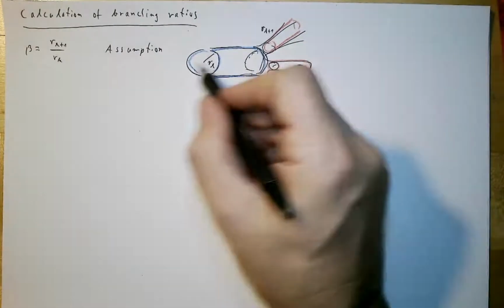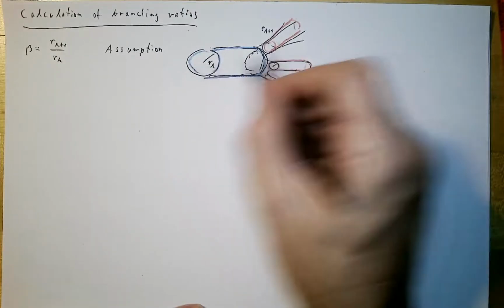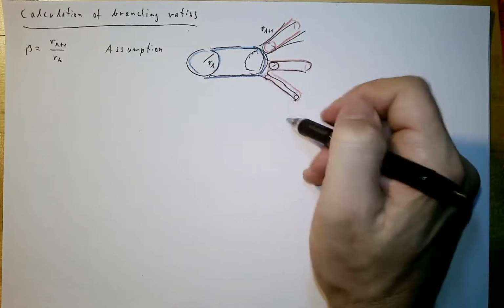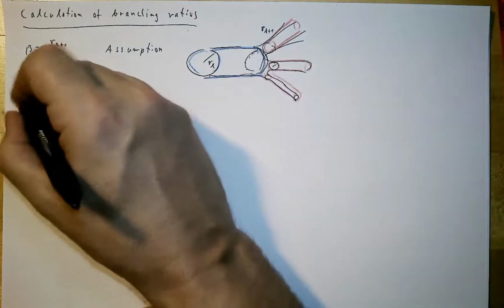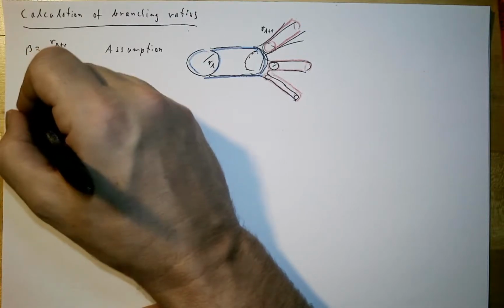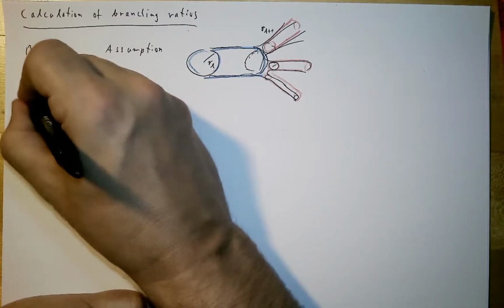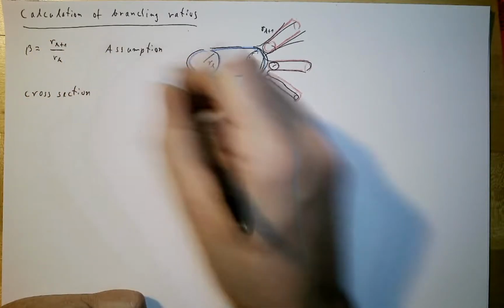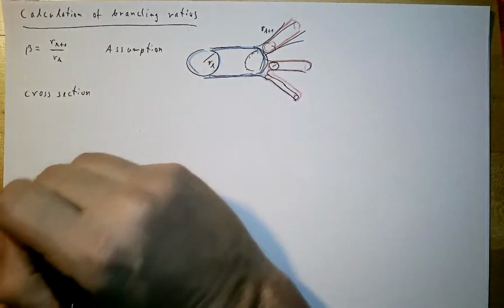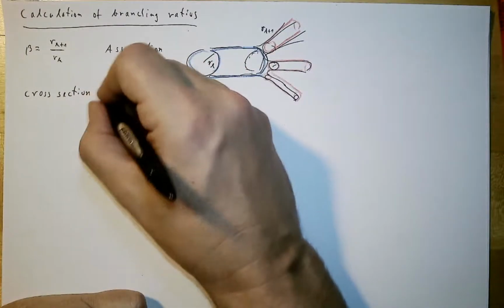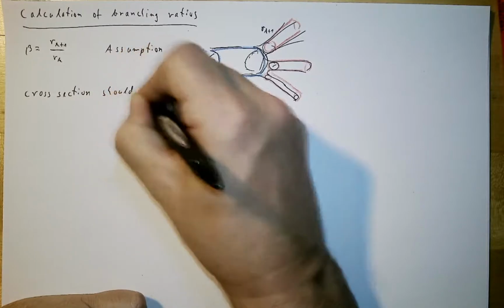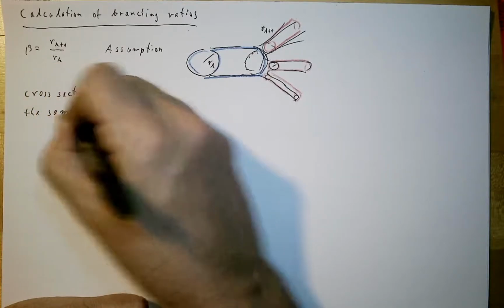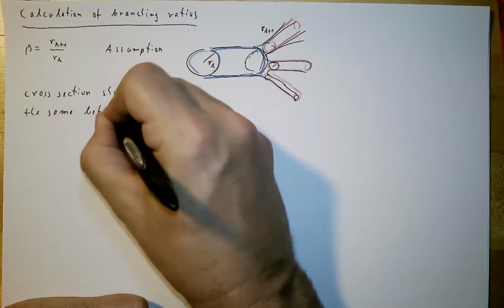Then we want that the flow, all the blood which comes from here, should go through all the systems, and that this would be possible if the cross section or the area here should be the same before and after branching.